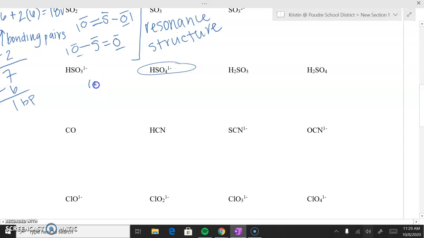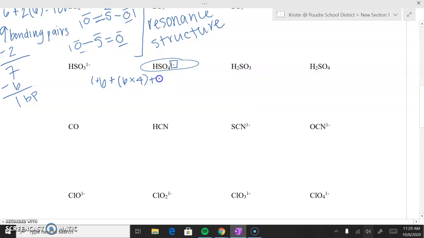And then sulfur brings 6. And then oxygen brings 6, but there's 4 oxygens, so 6 times 4. And then we have this little extra electron with that 1 minus charge, so we have to account for him, and so we'll add that one on as well.